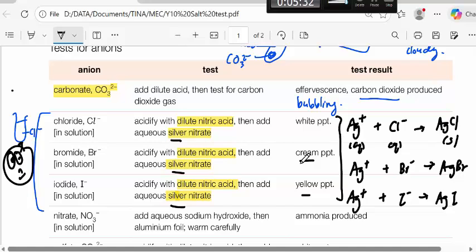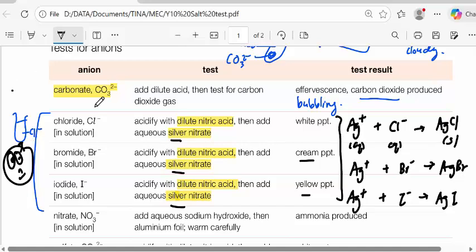Cream is dark white, yellowish. I'll show you the video later. Basically, it's making something that is insoluble.